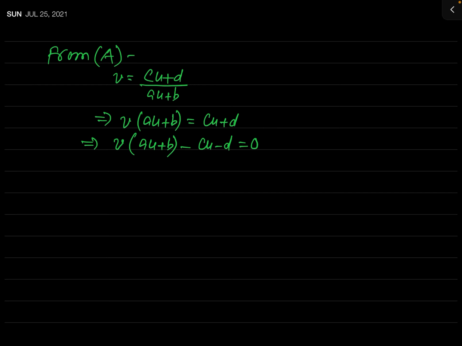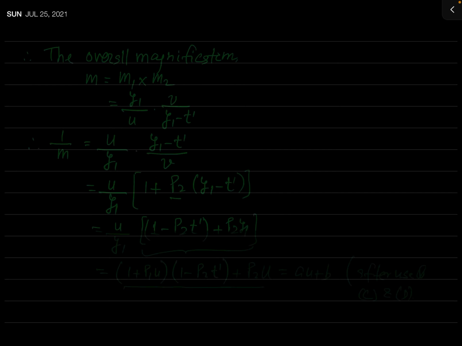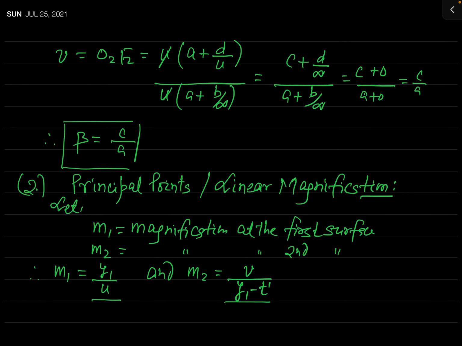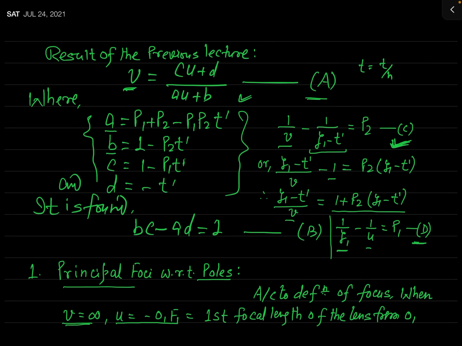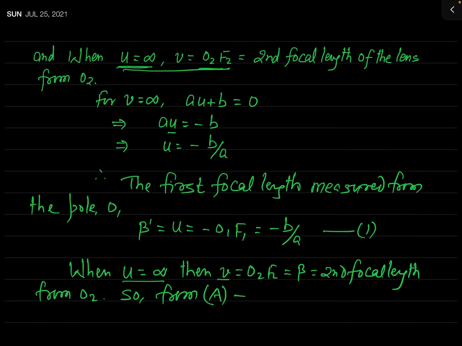And now you have seen earlier that BC minus AD is equal to 1. So from this equation, if we find the value of AD, that will be simply BC minus 1.